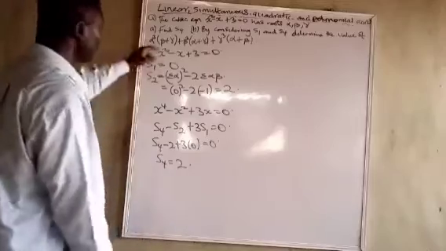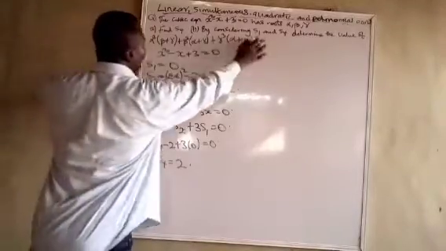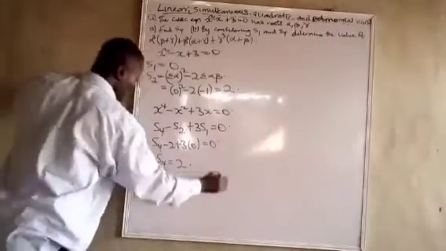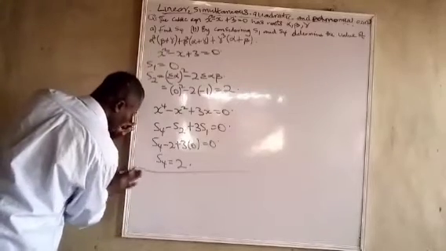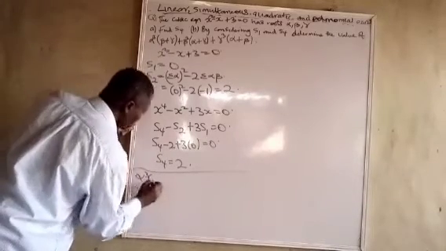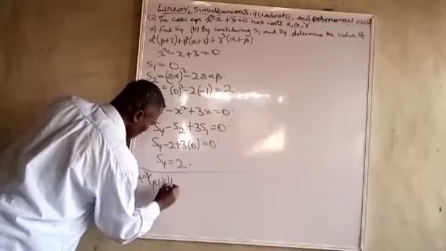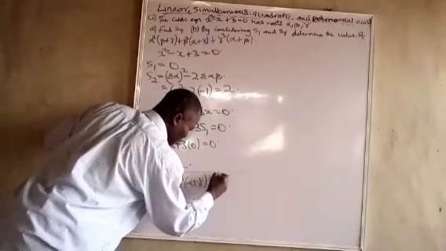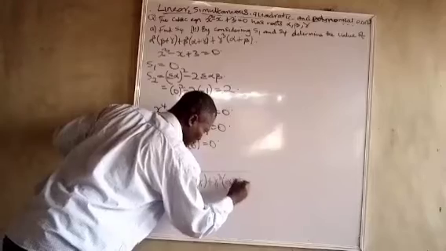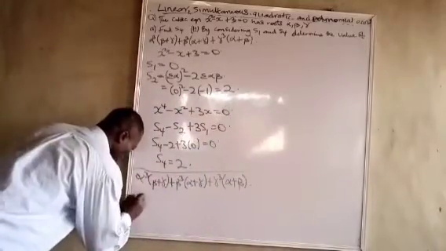Now the next one is saying that we should find the value of this expression. So we have alpha cube into beta plus gamma, plus beta cube into alpha plus gamma, plus gamma cube into alpha plus beta. We are going to find it. So let's see what we can do about this.